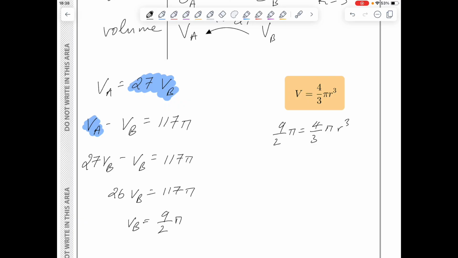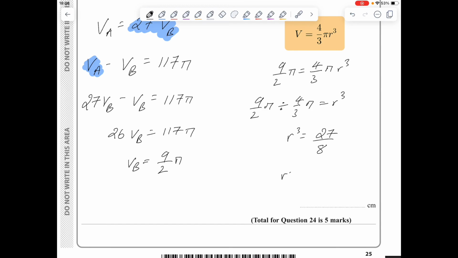So if I divide 9 over 2 pi by 4 over 3 pi, this will give me R to the power of 3. Put this on the calculator. R to the power of 3 will come out to be 27 over 8. And if you take the cube root of this number, you will have the final answer, which is 1.5 centimeters.